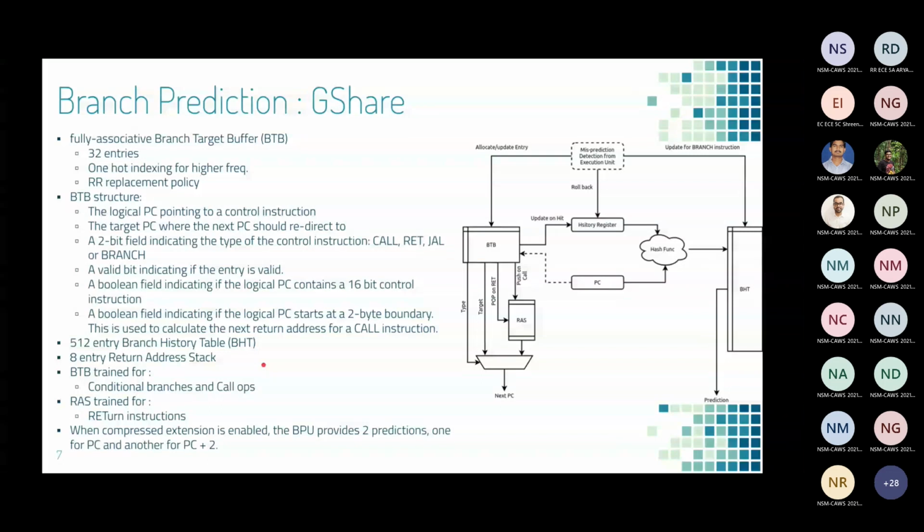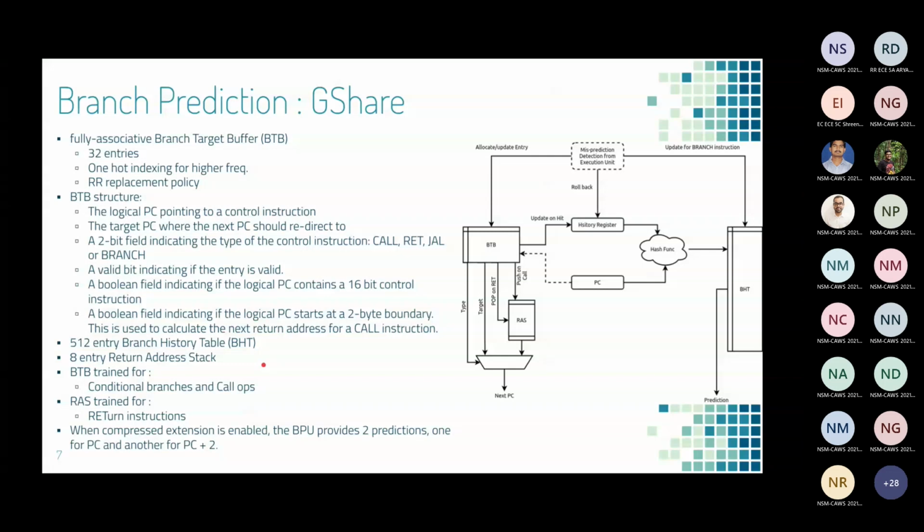So branch prediction is basically the ability, very early in your pipeline, to quickly maneuver your PC in the correct direction. And why do you want to do that? Because the penalty of getting the wrong PC in the pipeline is huge, right?